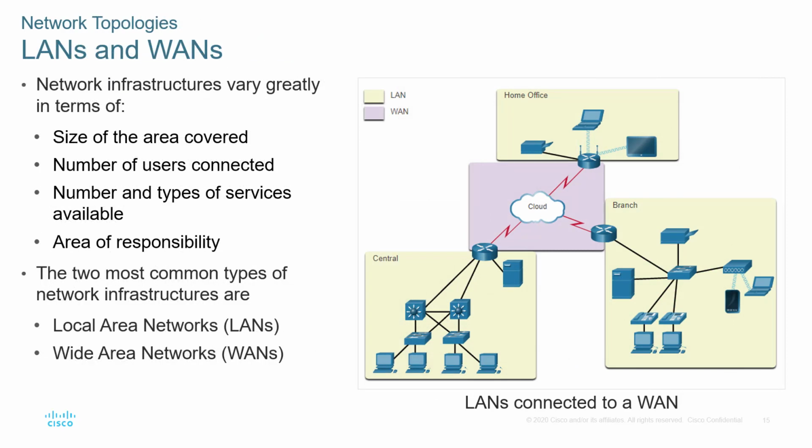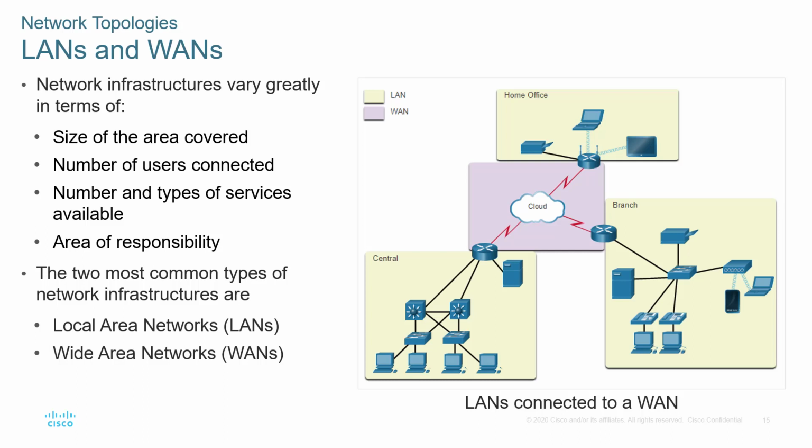When we look at local communication, that is a LAN, a local area network. And they connect to the internet, or they connect to other networks, through a WAN, a wide area network. And the nice thing with this is we see this all the time. You have a home network.